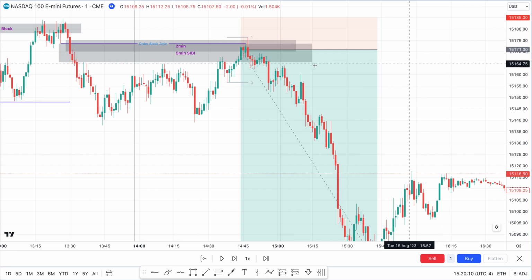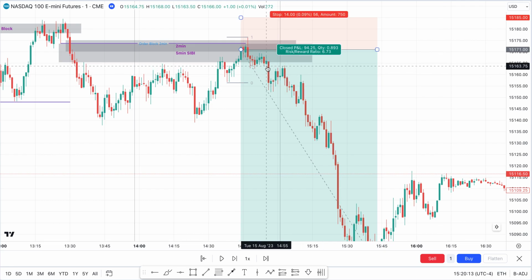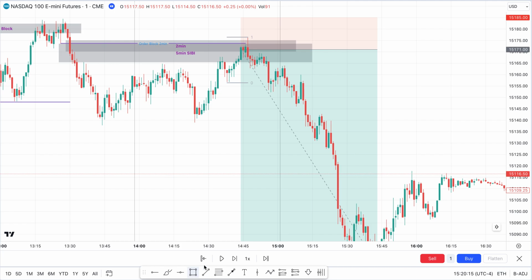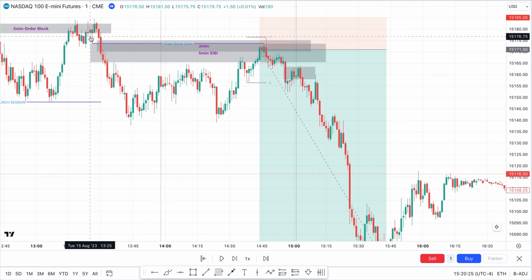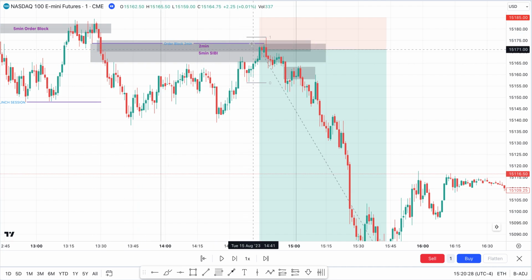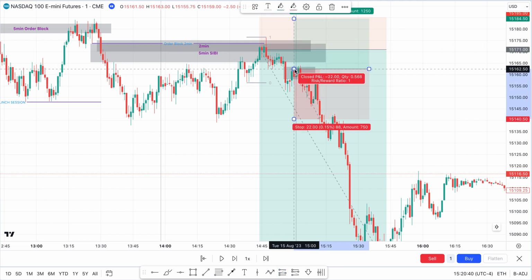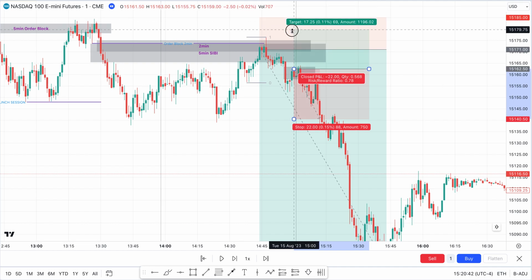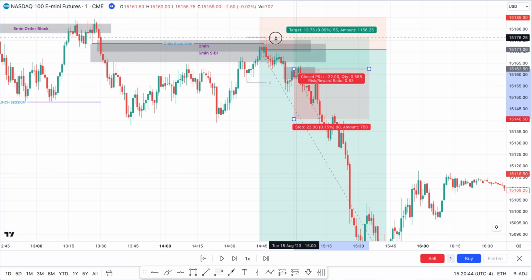If we wanted a tighter stop, we could enter down here inside this fair value gap, because now we know it reacted off the order block. It's right here, the 2 minute order block. Reacted off the fair value gap, reacted off the 5 minute SIBI. So I'm not going to say high likelihood, there wouldn't be another real reason for it to go above these highs.